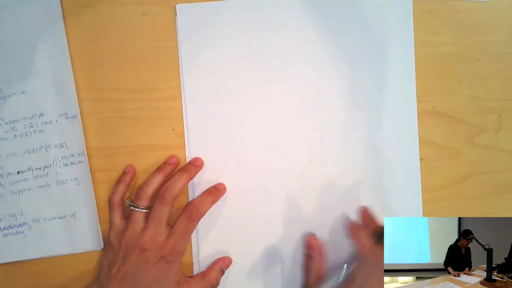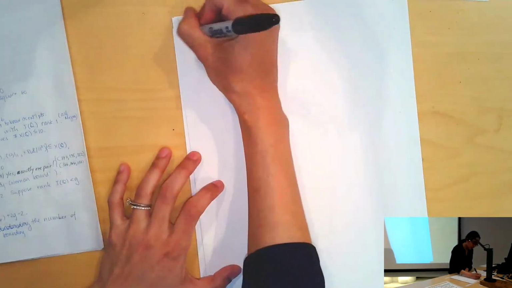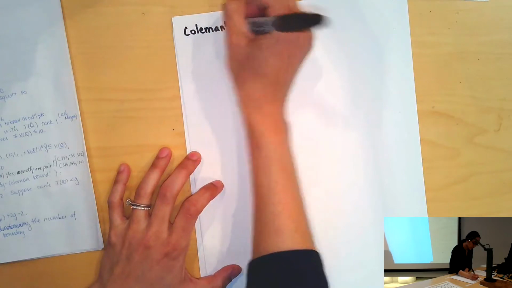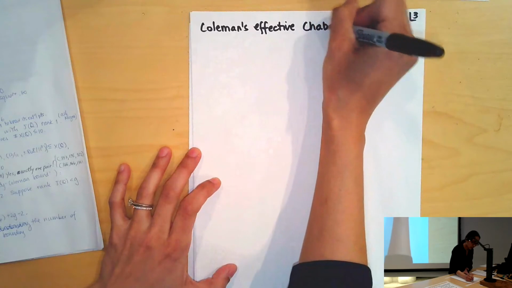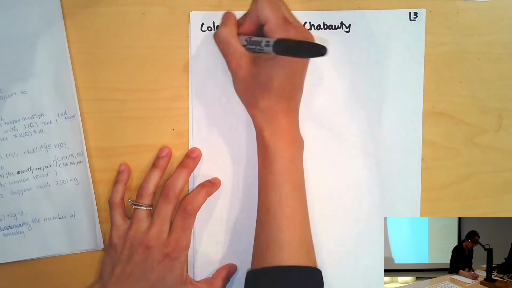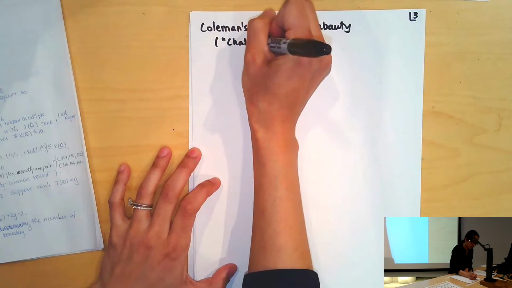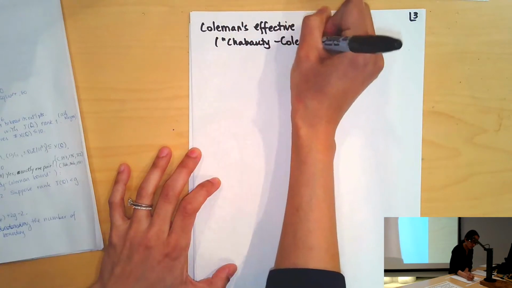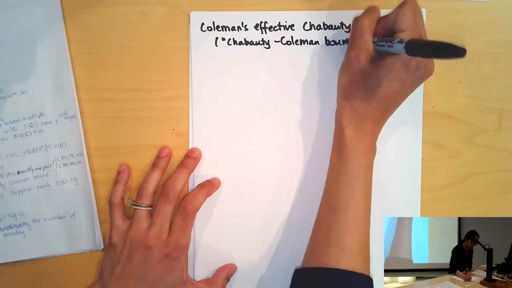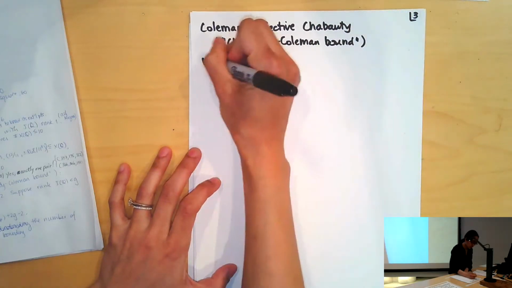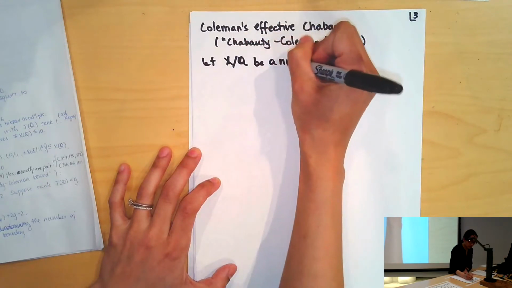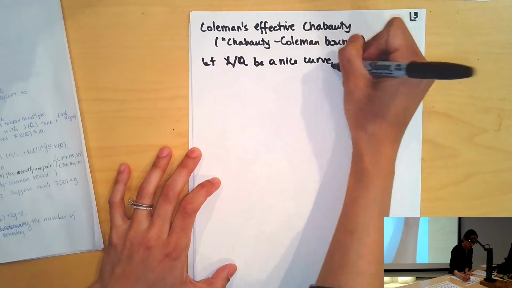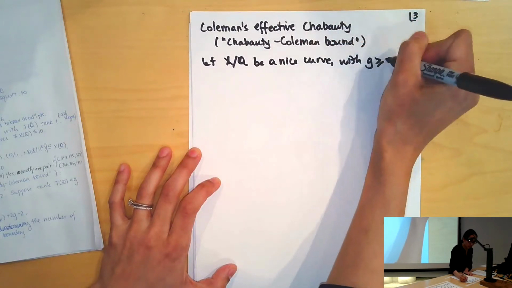All right. So we heard a little bit about Coleman's effective Chabauty. So let me just put this bound up here again. So this is Coleman's version of effective Chabauty. And this is what I mean when I say the Chabauty-Coleman bound. So I have X over Q, a nice curve, and the genus at least 2.